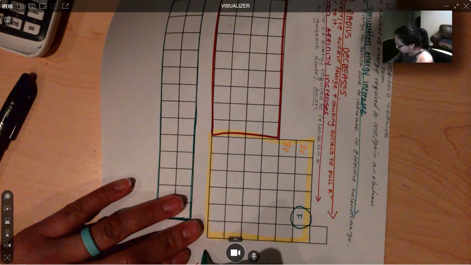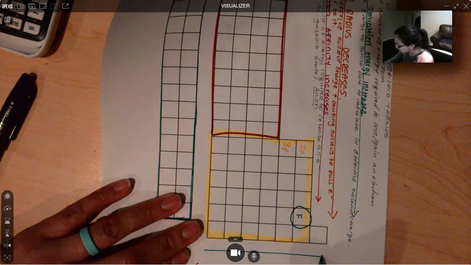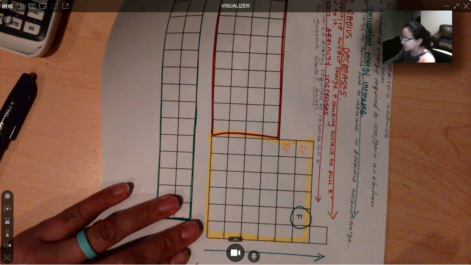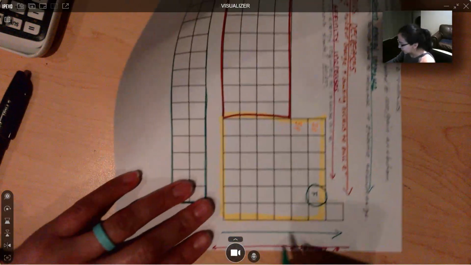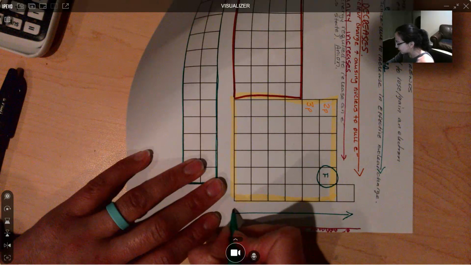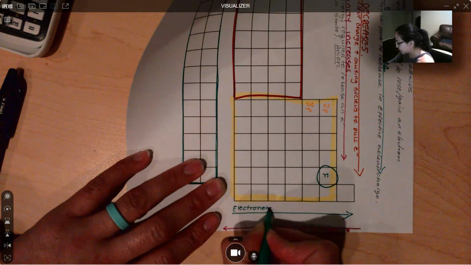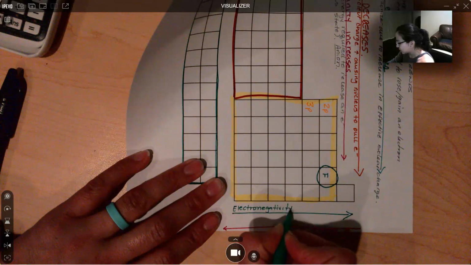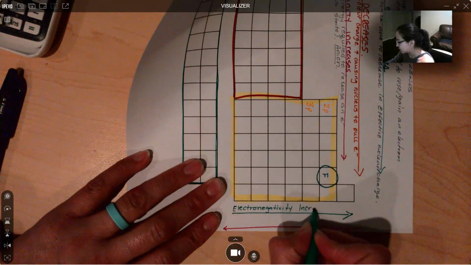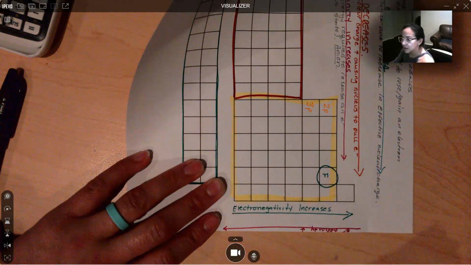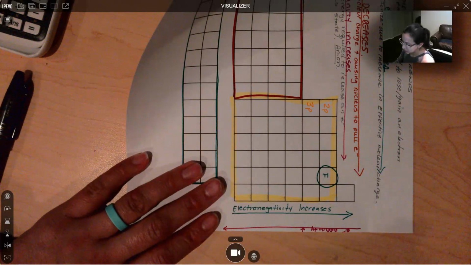Now, there's a reason why I had you do that, so let's make another arrow, and I'm going to do this one opposite. So this one's going to go up like this, and this is electronegativity increases. So as you go up, electronegativity increases.